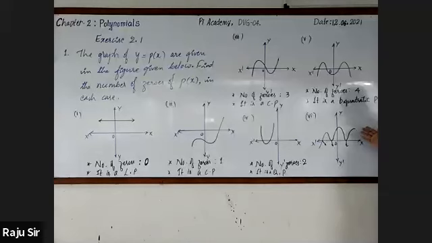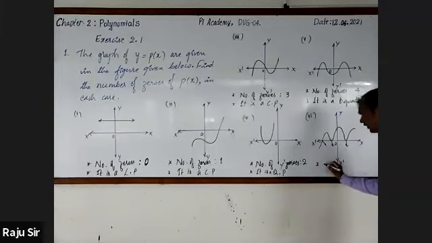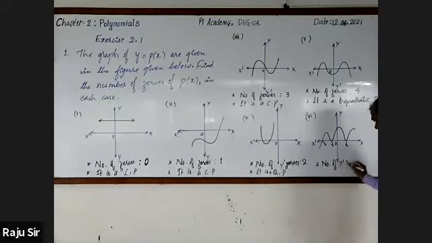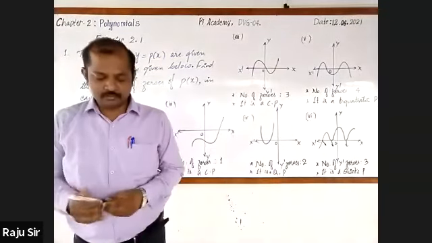Is it not? Hence, you can say that it is a quintic polynomial. Right. Number of zeros is 3, and it is a quintic polynomial.